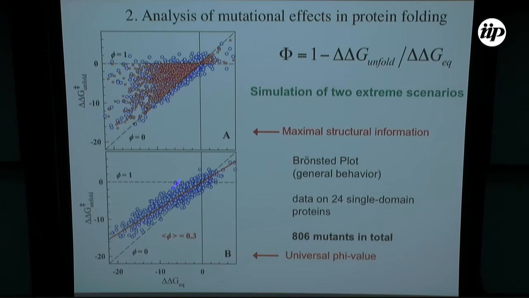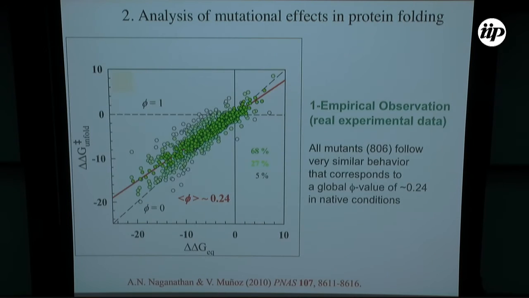Now, how does this compare with the real experiments? Well, this is the experimental data from 24 different proteins. I don't have it here, but there are 24 different proteins and 806 mutations. On average, roughly 30 mutations per protein. And what we did here is the same Bronsted plot, picking the numbers from the bibliography, right?